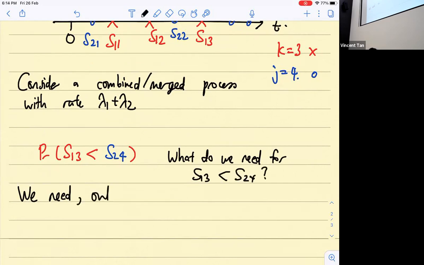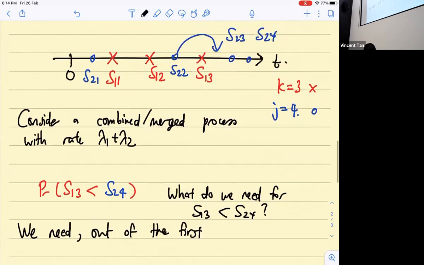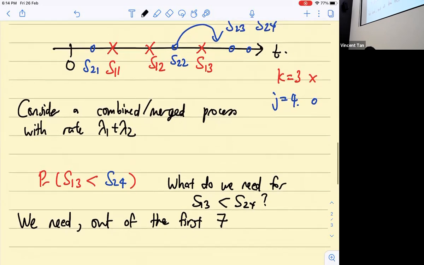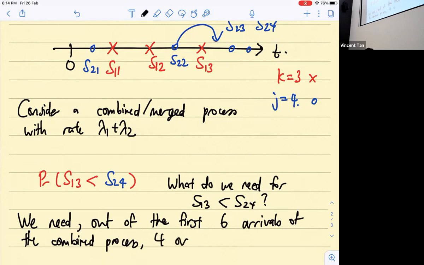So we need, out of the first 6, I'll explain this shortly, arrivals of the combined process, four or more to be from the first.